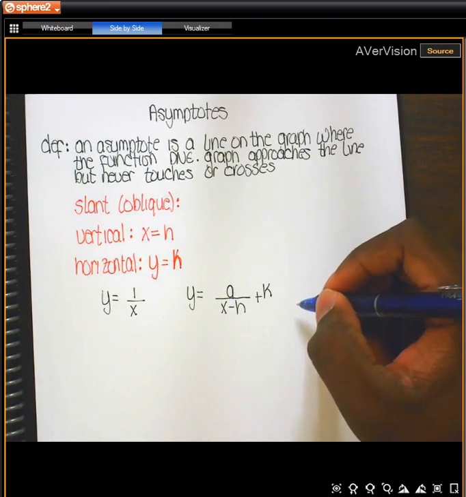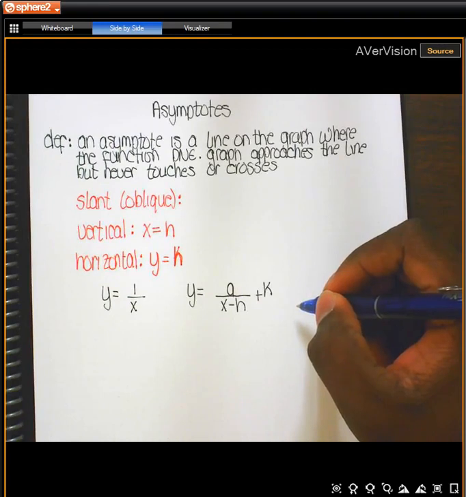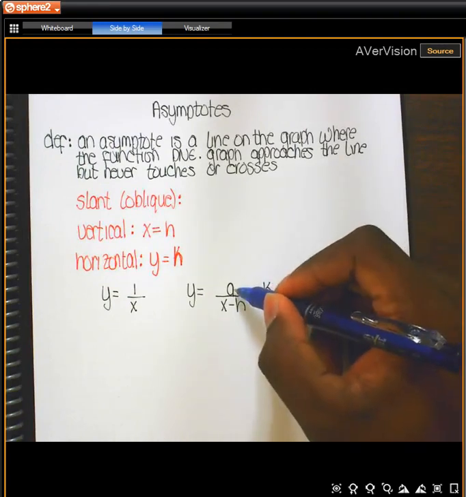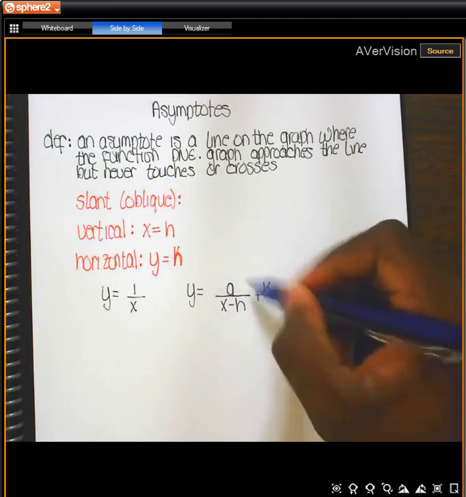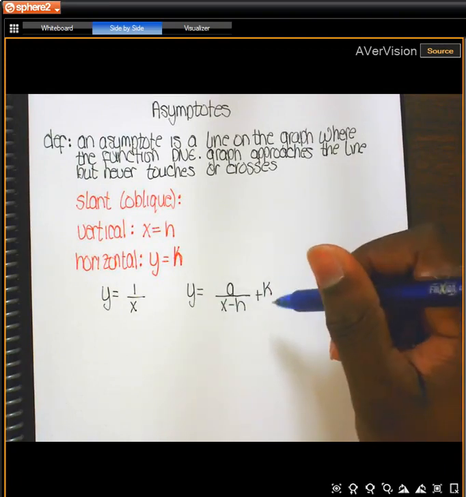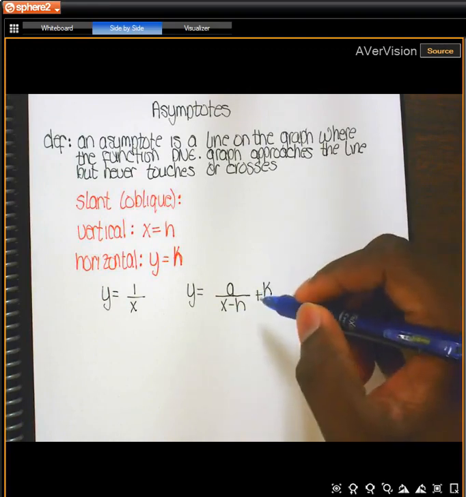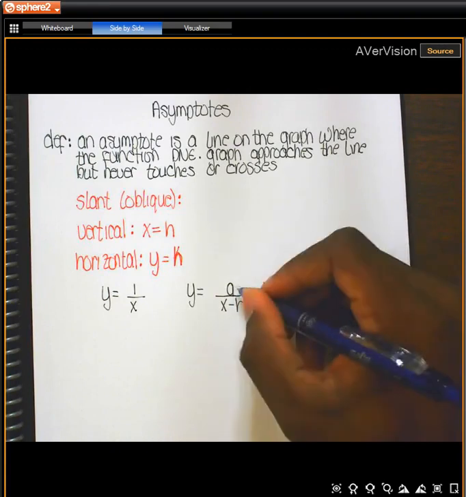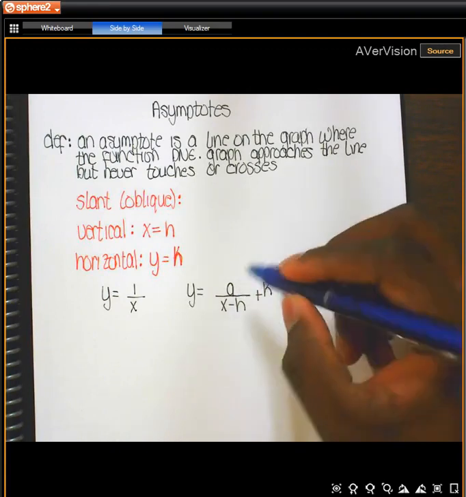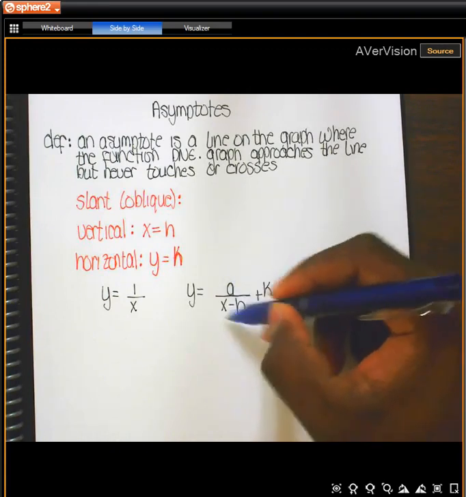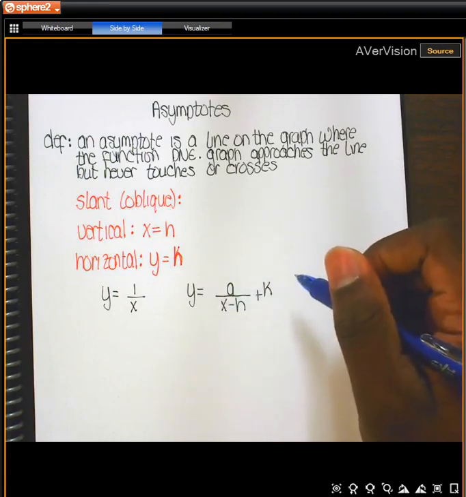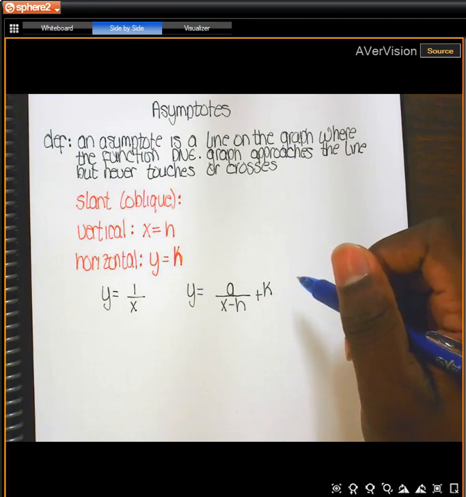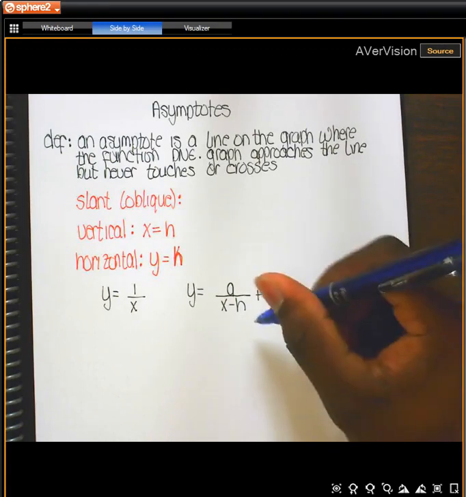Yes, no. The question was, if a is not equal to 0, is there any way we can make the whole fraction 0? No. Yeah, the answer is no.